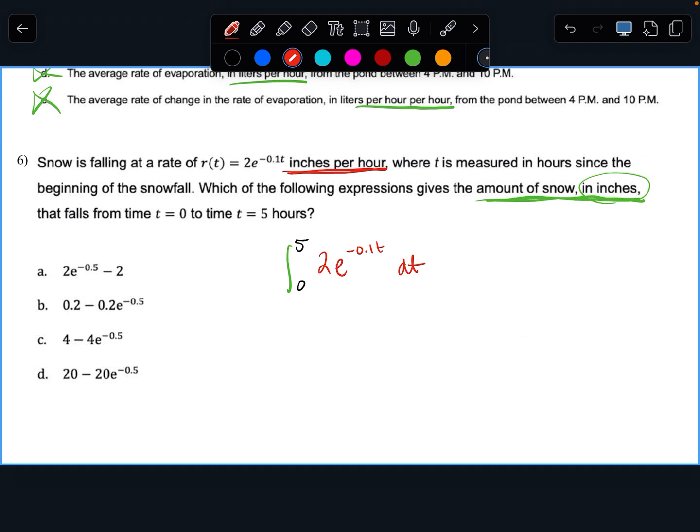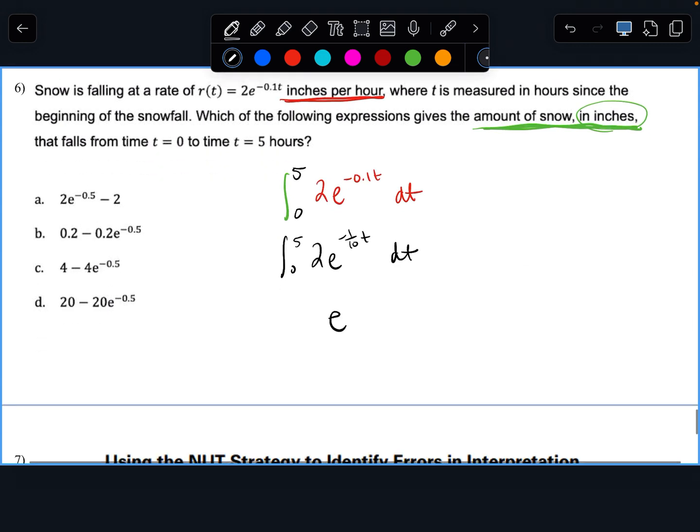And then, I keep yawning. You could do a u sub on it, or you could think of that, that's negative 1/10. So, it kind of depends on if you can do some of this in your head because the exponent's not too crazy. If you know the antiderivative is going to be e to the negative 1/10 t, but because the exponent's all wild looking, you know that's going to be negative 20 because you're going to multiply by negative 10.